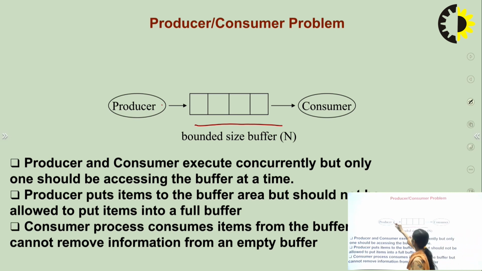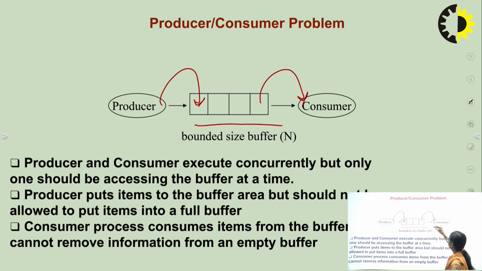The producer is writing something to this array or buffer, and the consumer is only consuming the items. That is, the producer is performing write operations on this array and the consumer is performing only read operations on this array.